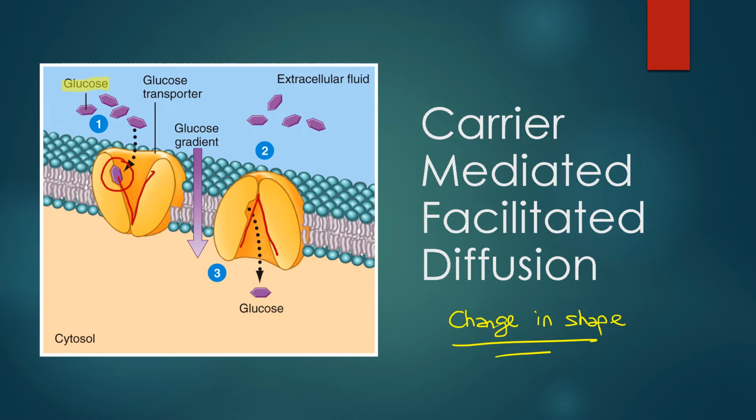And as you can see here, this is still down its concentration gradient, having a higher concentration in the extracellular fluid and a lower concentration of glucose in the cytosol. Now, the rate of carrier-mediated facilitated diffusion is really mostly dependent only on the steepness of the gradient.